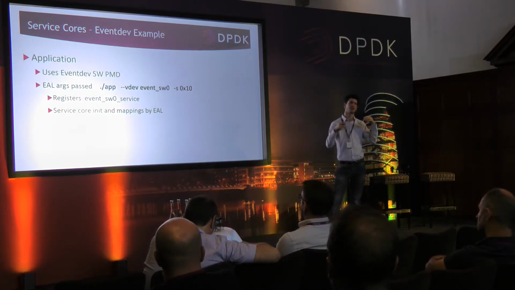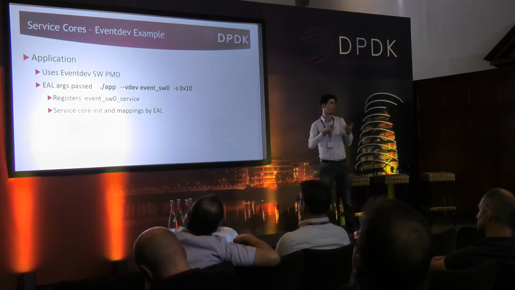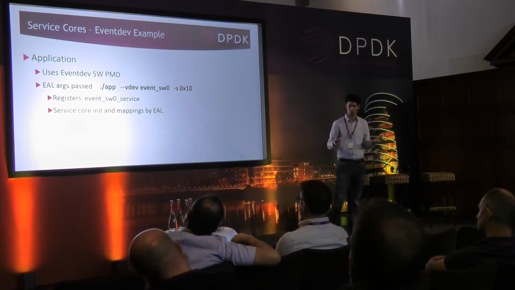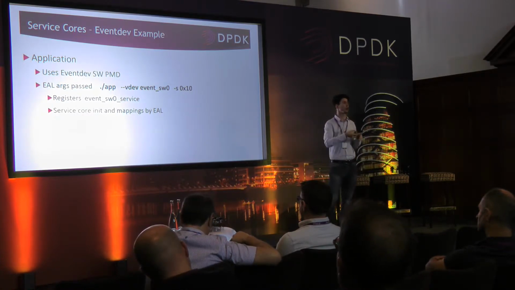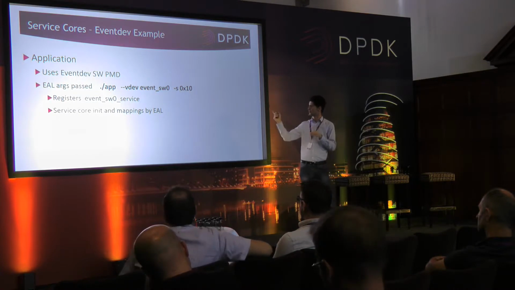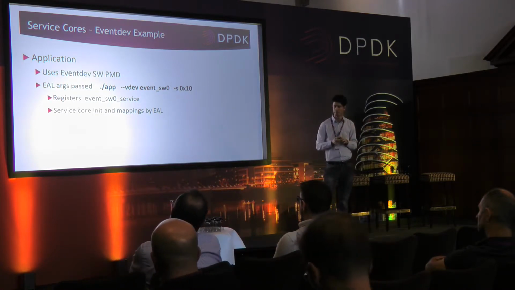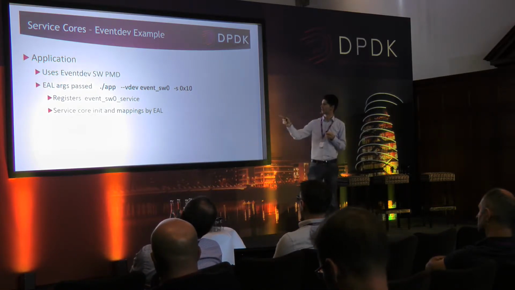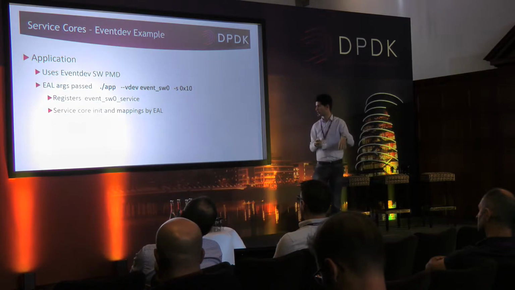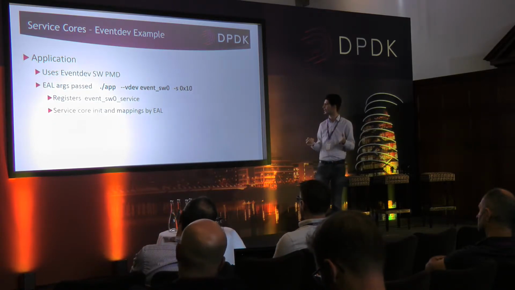What that means is the DPDK EAL becomes aware that a service has been registered, and that probably is going to require CPU cycles in order to run. What the user also does in this case is passes a service core mask. So in this case, the fifth L-core is going to be passed to run a service for DPDK. So at EAL init time, it's actually going to initialize the service core's library because it realizes it's been passed this flag, so the user wants to enable that functionality.